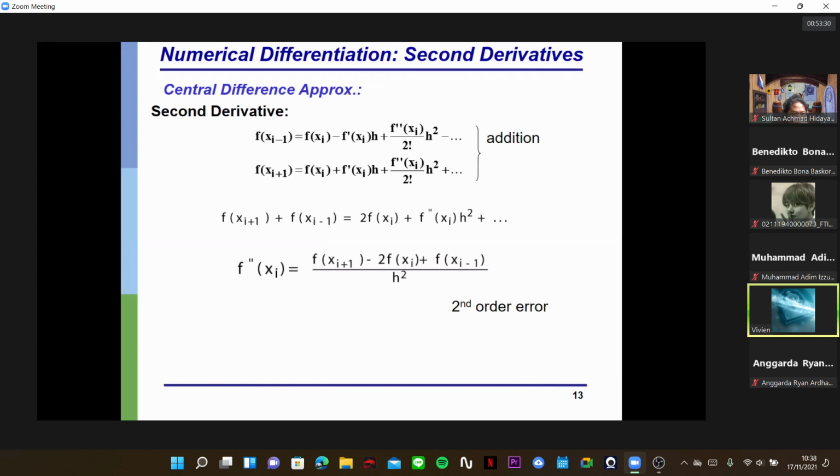Or we can have also the backward scheme and center scheme to get higher order derivatives. So we can see here, we can find the first, second, and third derivative, sorry, using the higher order scheme.